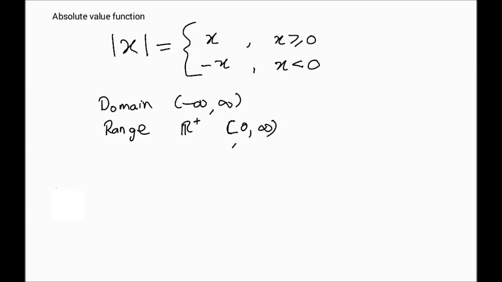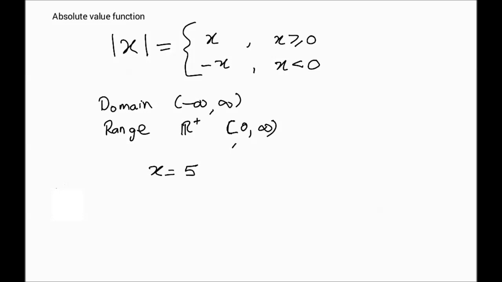Now let's look at some examples of how this function actually works. For instance, if I have the value x equals 5, how will I evaluate this function? Is x greater than or equal to 0, or is x less than 0? Clearly x is equal to 5, which means it is greater than or equal to 0.